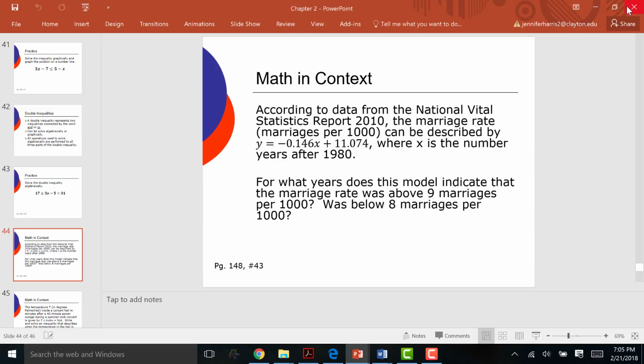Okay, 21.05 is going to round to 21. So that was 14 years before; do I leave this or do I add it to 1980? Add it to 1980. So x is going to be the years when the marriage rate is going to be less than 8.